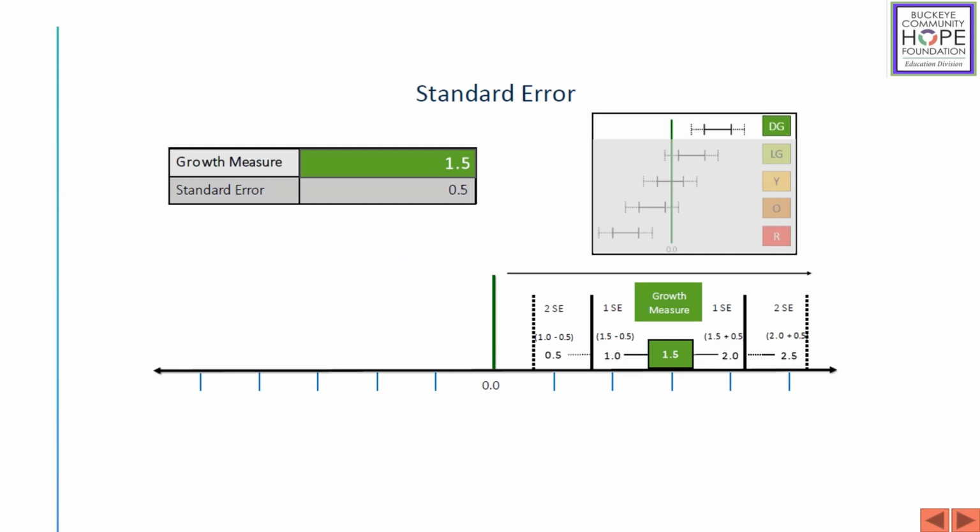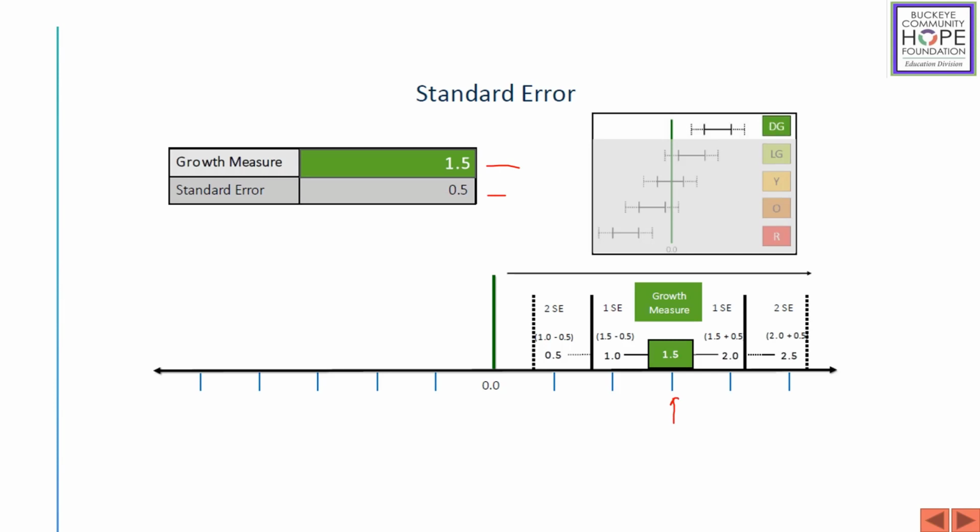So let's do another example. In this model, we see the growth measure of 1.5 with a standard error of 0.5. So this is simply adding and subtracting 0.5 to our measured growth value of 1.5.